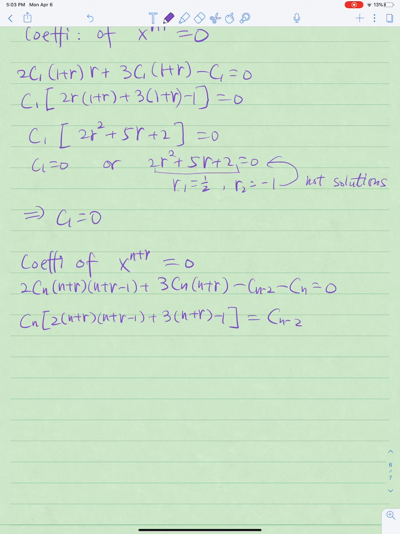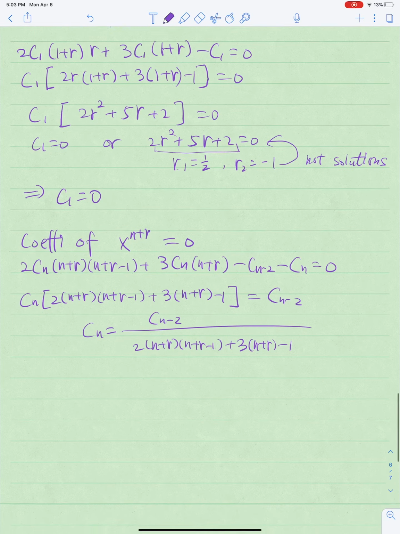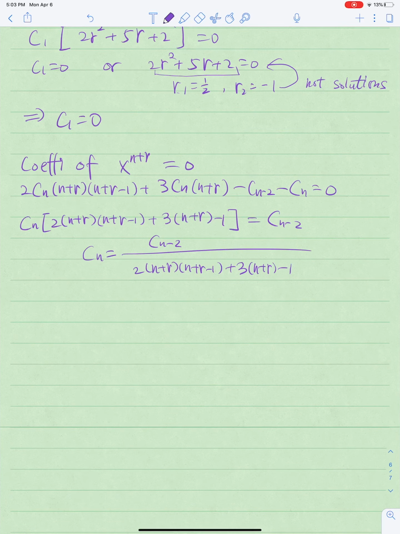And then we can divide to solve for Cn, and then simplify the denominator. We derive the recurrence relation. This is true for n greater than or equal to 2.